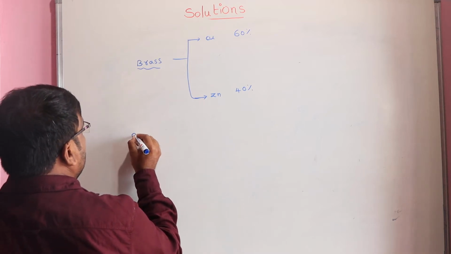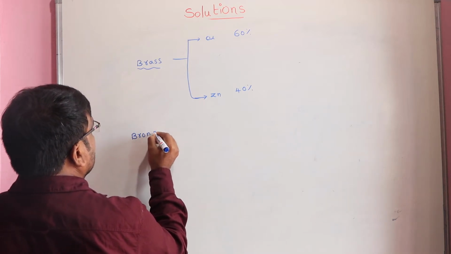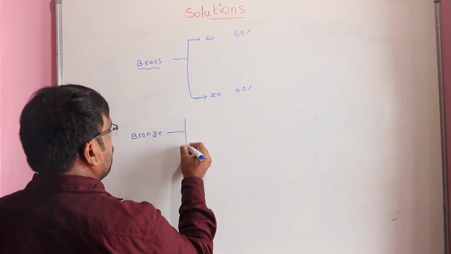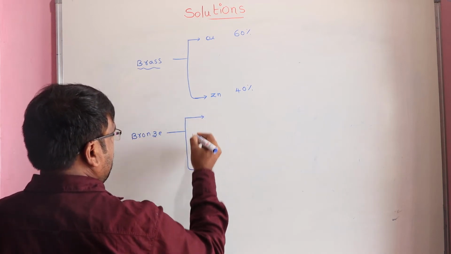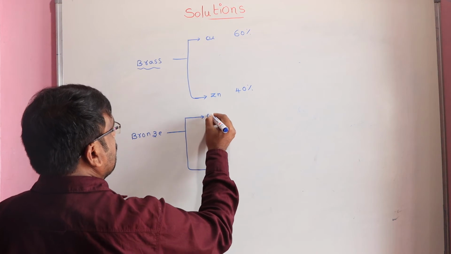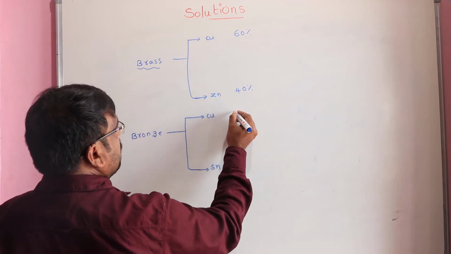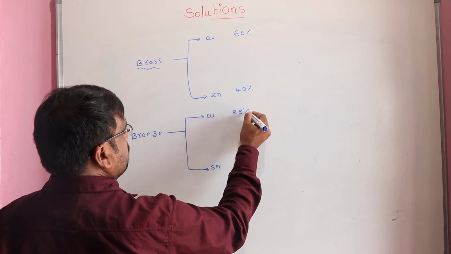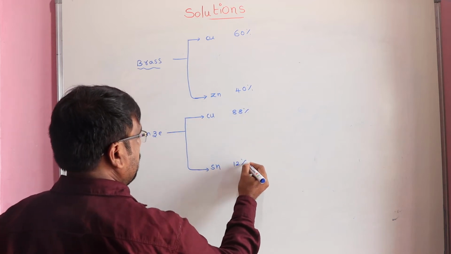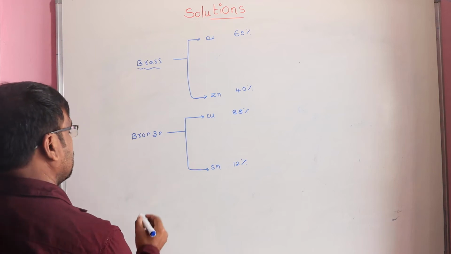Next, bronze is made up of two metals, copper and tin. Here copper percentage is 88% and tin percentage is 12%.